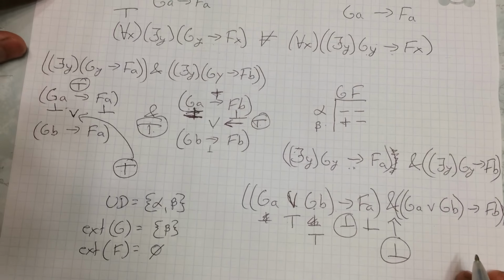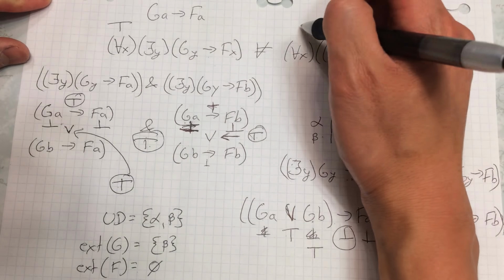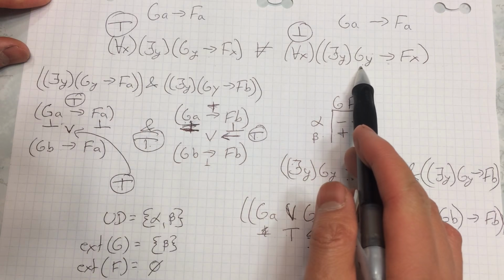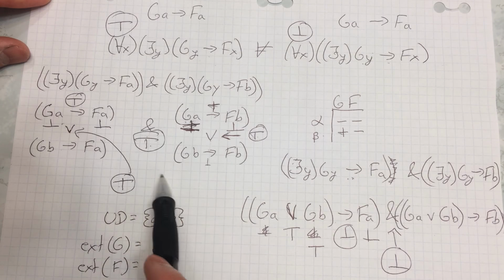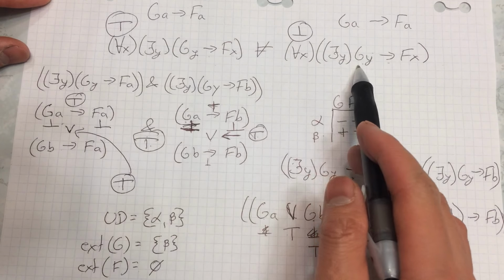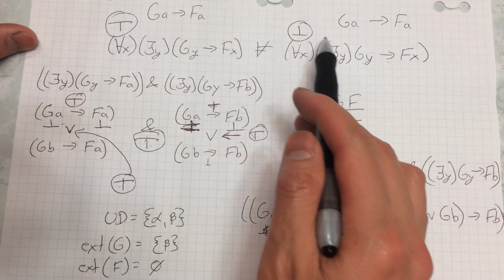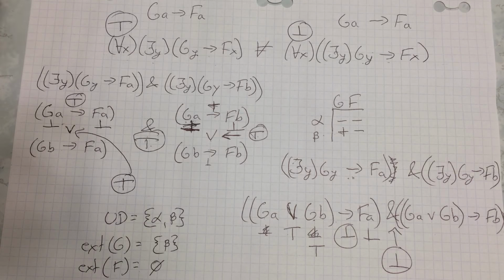And so that solves our puzzle. We've just created a counterexample to this argument. So we've shown that the conclusion is false while the premise is true. And yeah, that's how you do an analysis of the quantified sentences. Hope that helps.